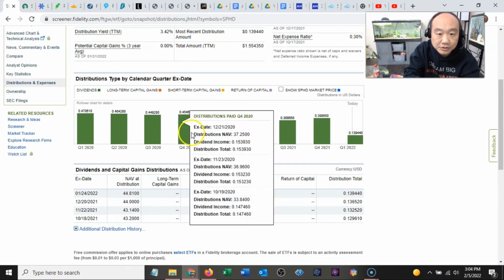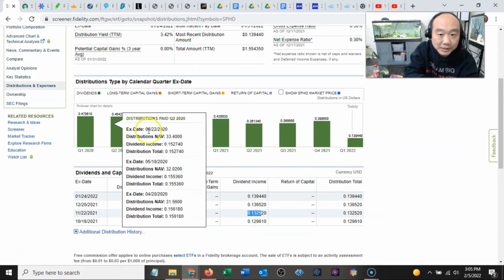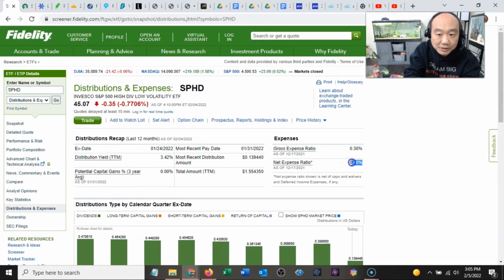So the distributions look good. The reason why this looks low is because it's not the end of the first quarter yet. So, all right, looks pretty steady. That doesn't look too bad. Net expense ratio is good.